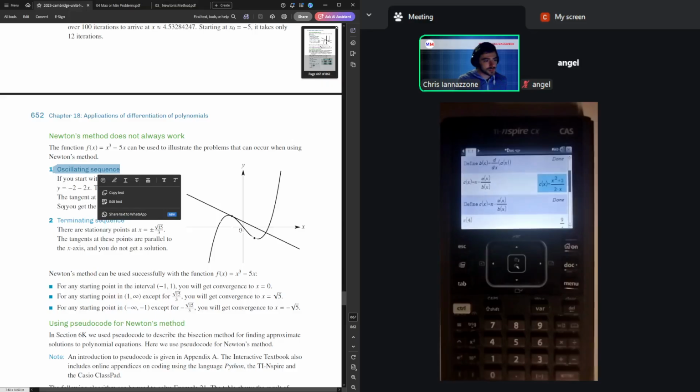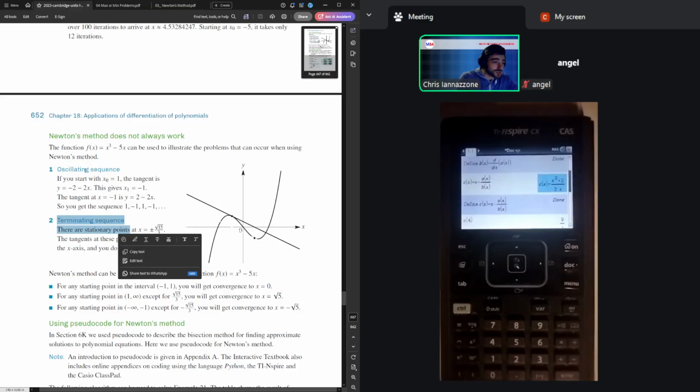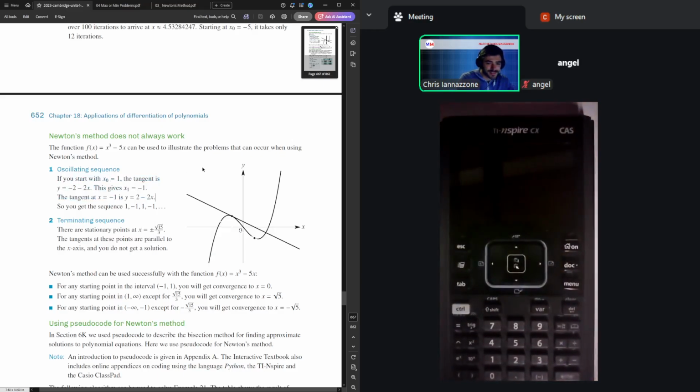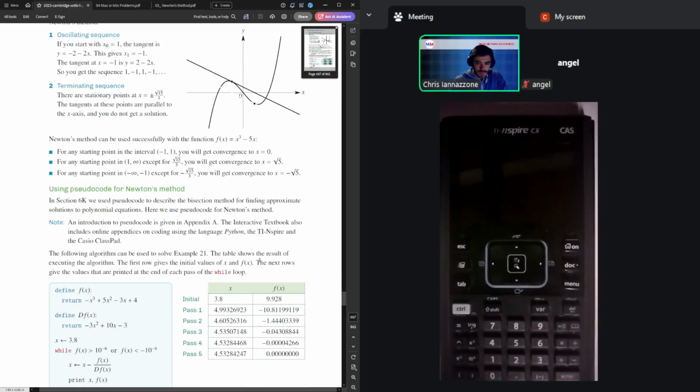It'll either oscillate over and over again, or it'll terminate. Terminating is all about the stationary points, and oscillating is a fair bit harder to prove, but the way to go about it will probably be to say, if it's not terminating, it's got to be oscillating. So if I don't have a stationary point as the issue, then it's got to be this issue, and you can test that out, see if it ends up oscillating. And that's Newton's method.